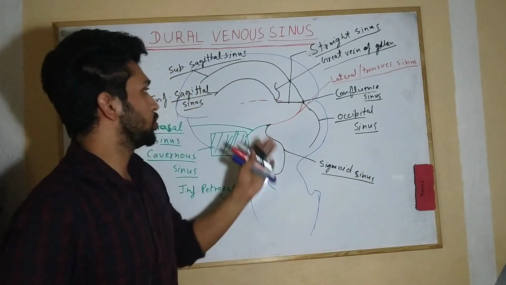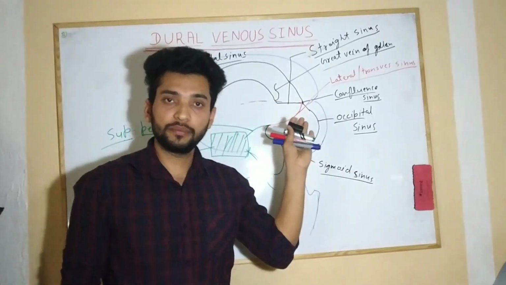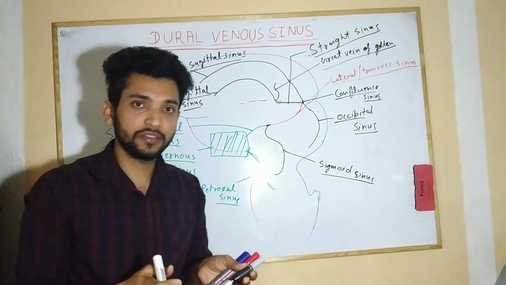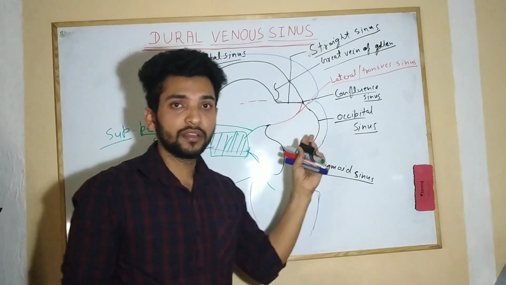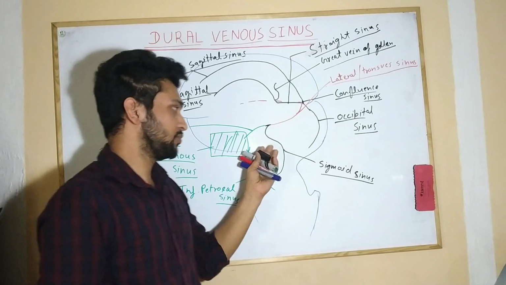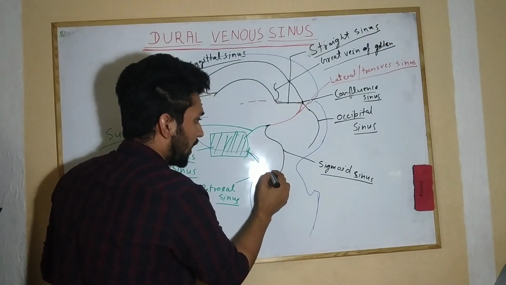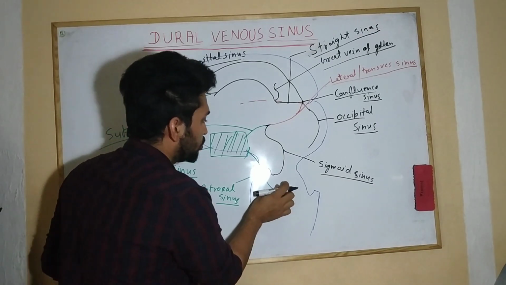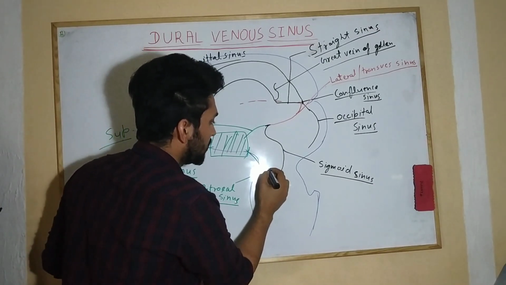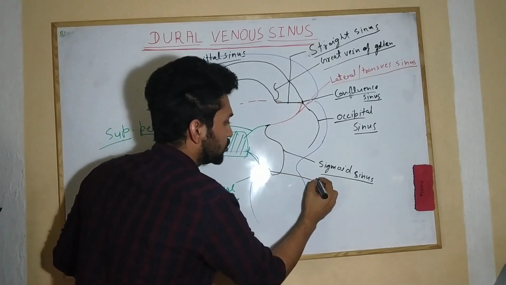So twisted guys after marriage become straight, but straight guys after getting married become twisted. He was a very twisted man, sigmoid sinus, and he made a jugular bulb. Okay, he makes a bulb like this, the jugular.